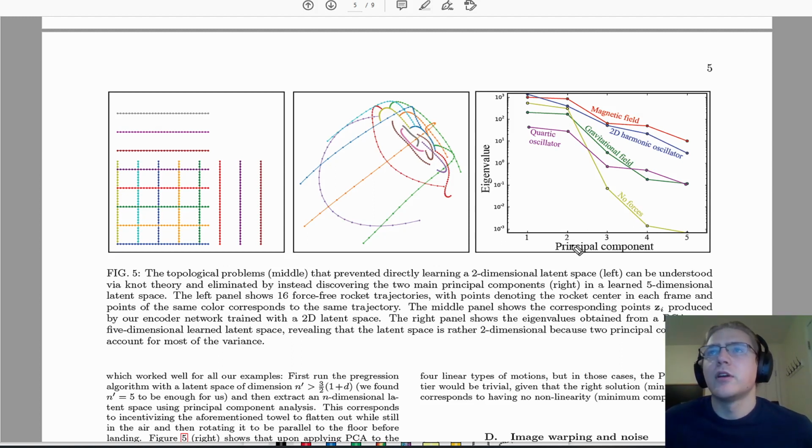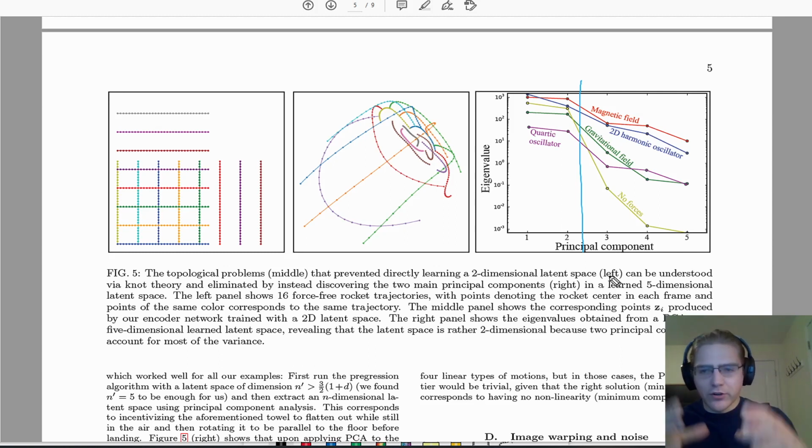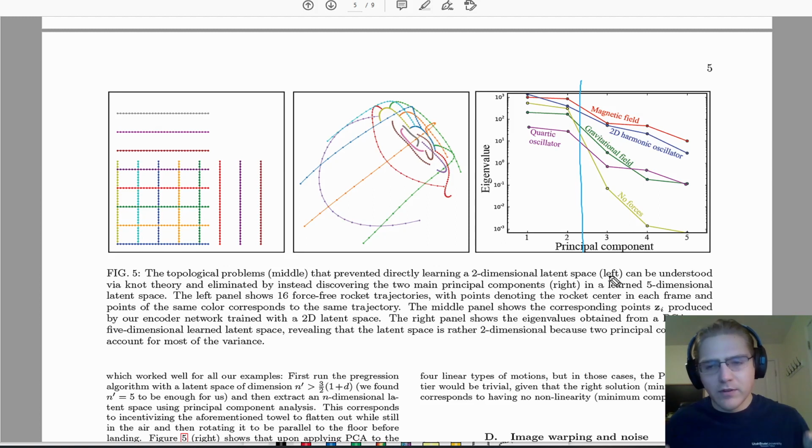So you run principal component analysis on it, and you say, oh, these are the 2 degrees of freedom that are the most important. So we have this learned latent space that can smoothly deform across itself, and we can get nice global minima for simplicity of all these things.